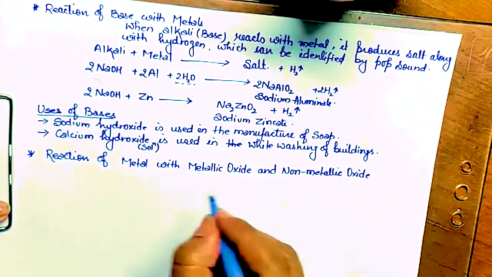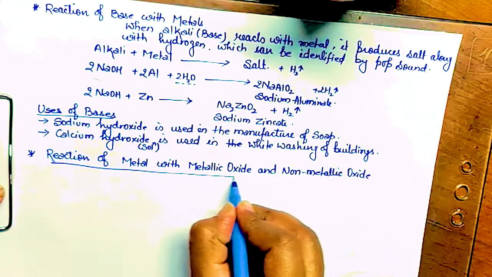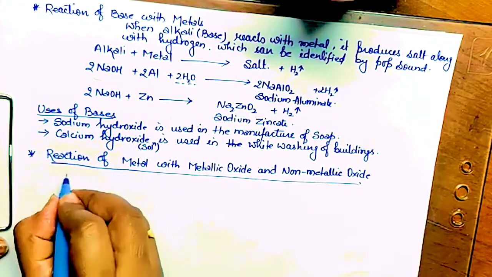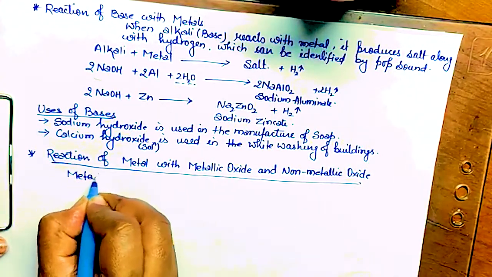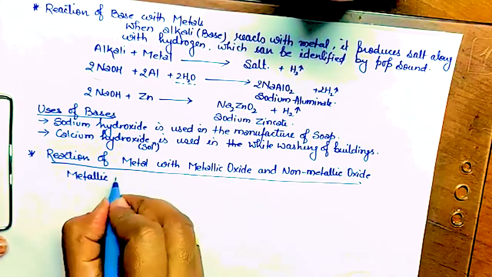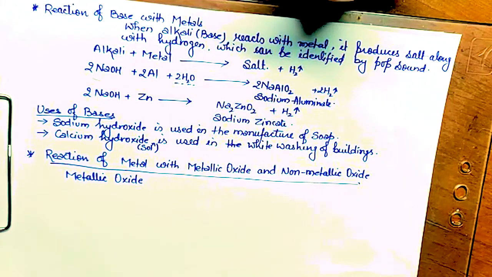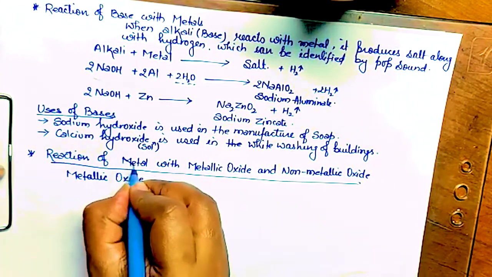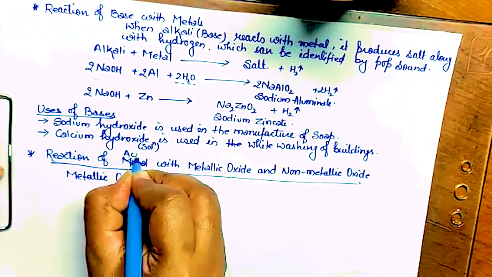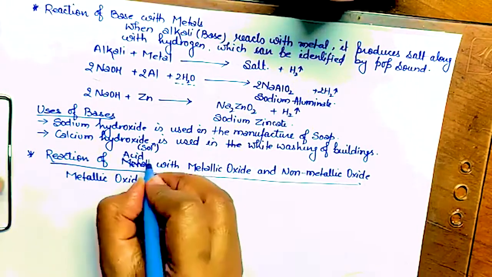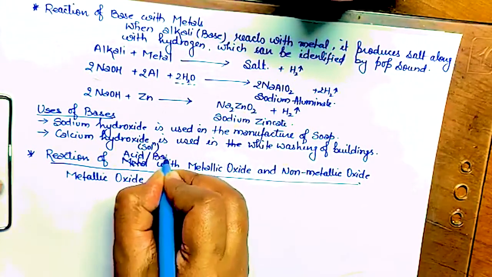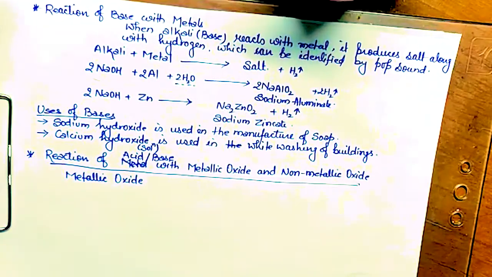Before starting this, I just want to explain one thing. Excuse me, I'm mistaken here. Reaction of acid and base with metallic oxide and non-metallic oxide.